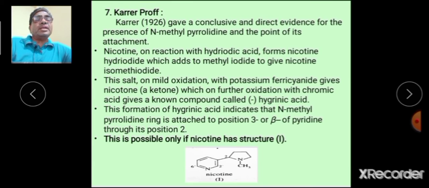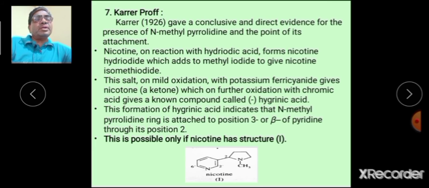Karrer's proof, the final proof for the structure of nicotine. Karrer in 1926 gave conclusive and direct evidence for the presence of the N-methylpyrrolidine ring and its point of linkage.